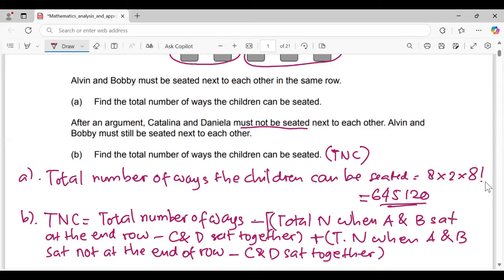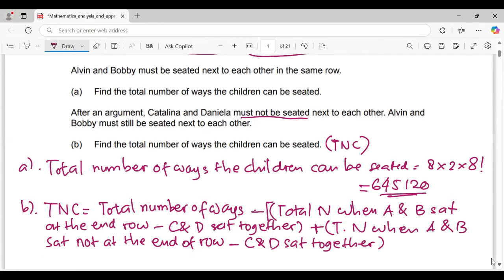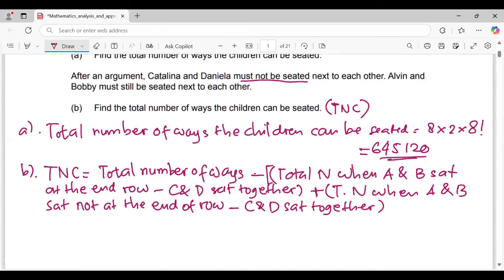For the total number of ways, we have calculated this result.